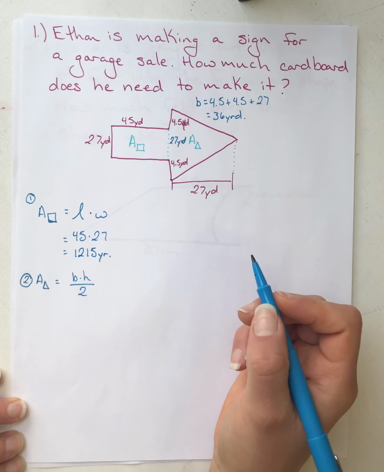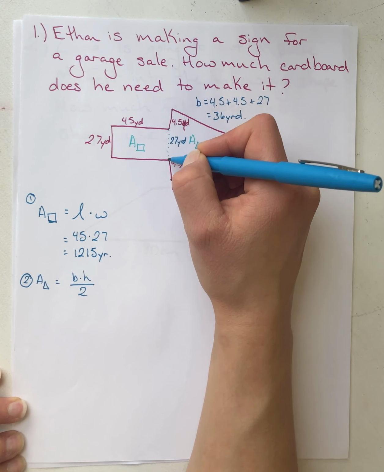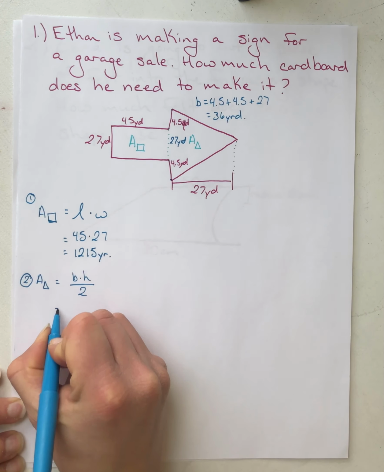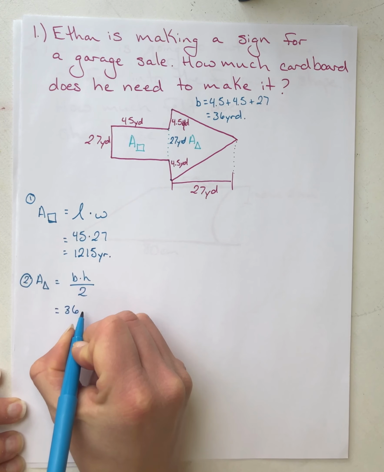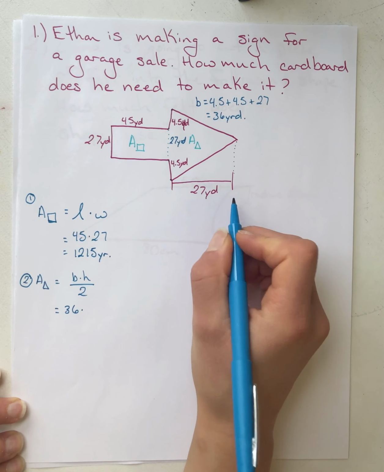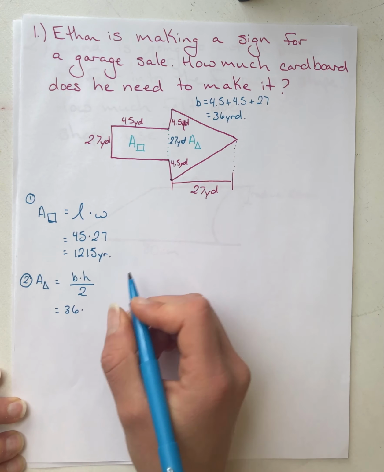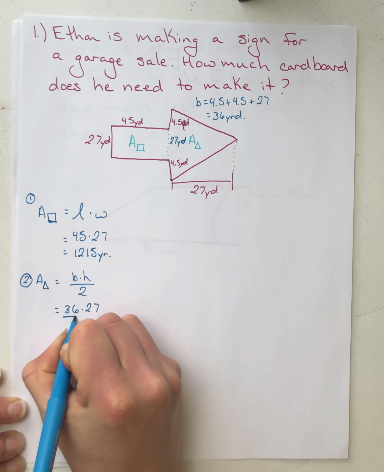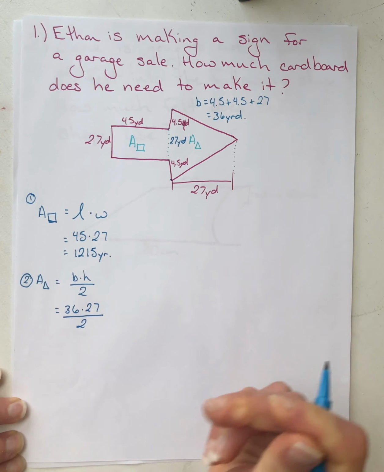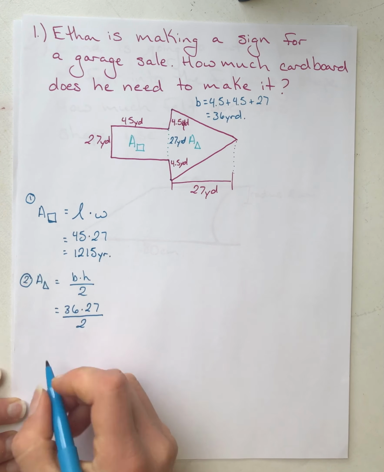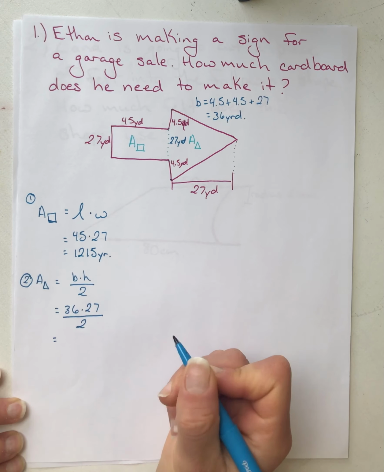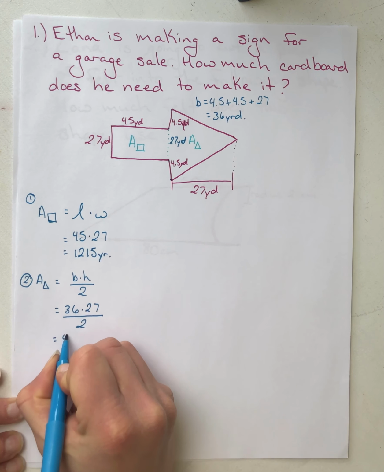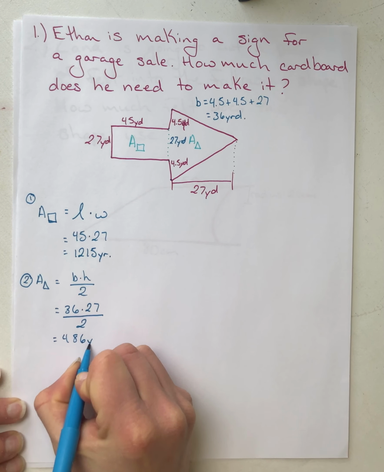My base of my triangle is the 36 yards times my height of the triangle, which is right here, which is 27 yards. Then I'm going to divide that by 2. When I do the math, I get 486 yards.